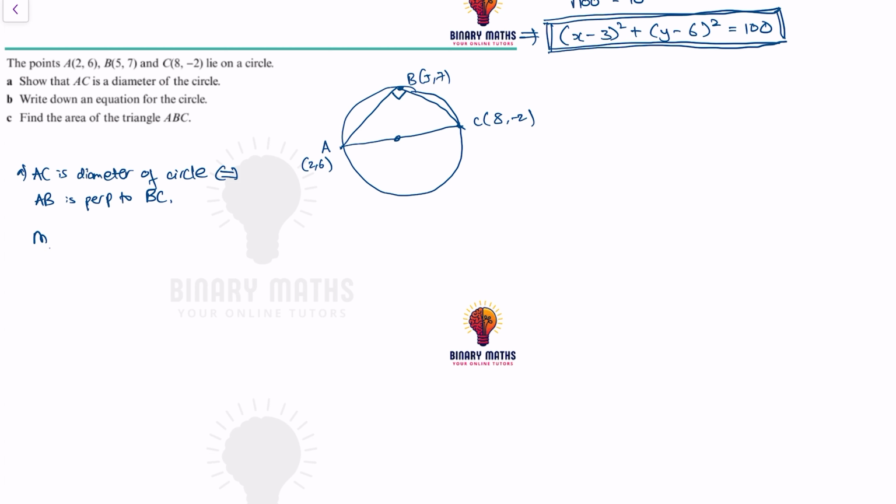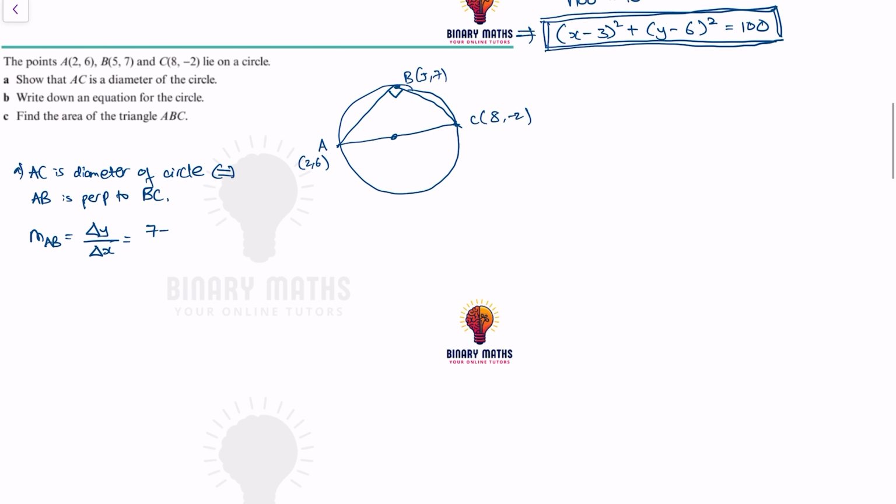So let's work out the gradient of AB. Gradient of AB is change in y over change in x. So it's going to be 7 take away 6 over 5 take away 2, which is equal to a third. Gradient of BC, change in y over change in x, is minus 2 take away 7 over 8 take away 5, which gives me minus 9 over 3, which is equal to negative 3.